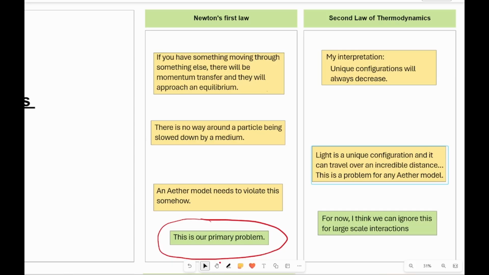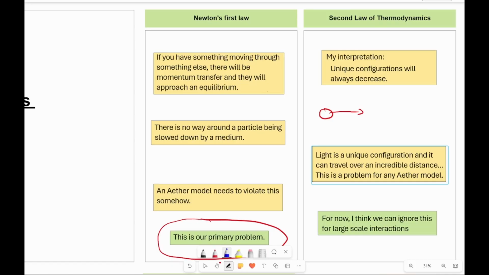So if you have a room at 20 C and you have one particle that is traveling at the equivalent of 100 C in terms of just its kinetic energy, it is going to slam into the other particles, molecules or atoms in the room, and it is going to quickly slow down and become a non-unique configuration.